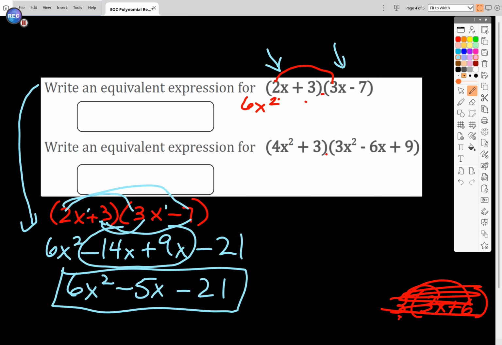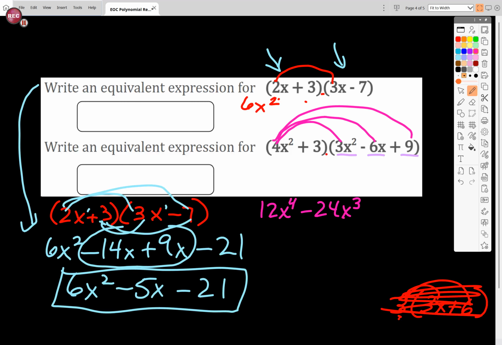Alright, let's try this next one. This next one's the same thing, but you're going to get more results because you're distributing to 3 values. That's all. But the process is the same. Distribute, you get 12x to the 4th power. Distribute here, you get minus 24x to the 3rd.